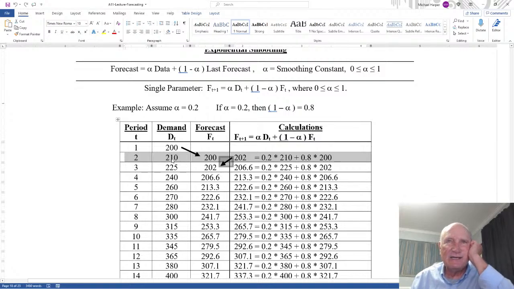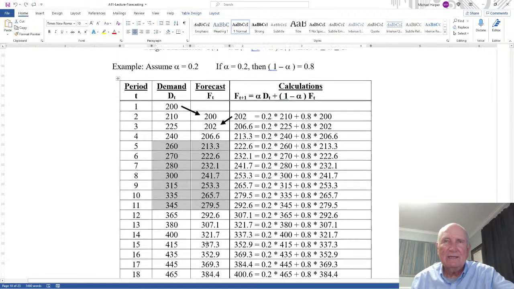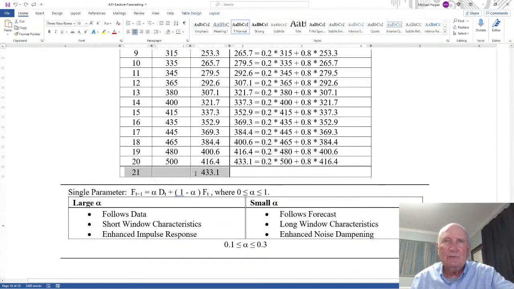I have my D, I have my F, I have my alpha, my 1 minus alpha. So I bring my D over times alpha, my F over times 1 minus alpha. I multiply, I add. That 202 is my forecast for the next time period. Then I do it again. I bring my D over, bring my F over, multiply and add, and that's 206.6. And then I do it again, and again, and again, all the way down to my forecast.